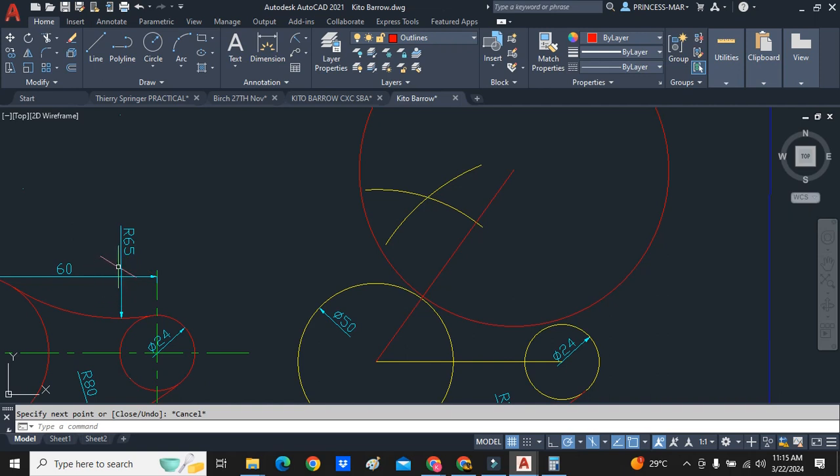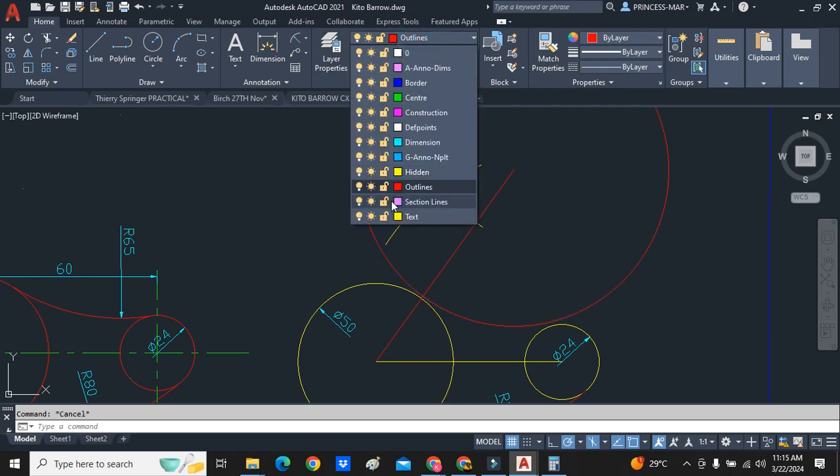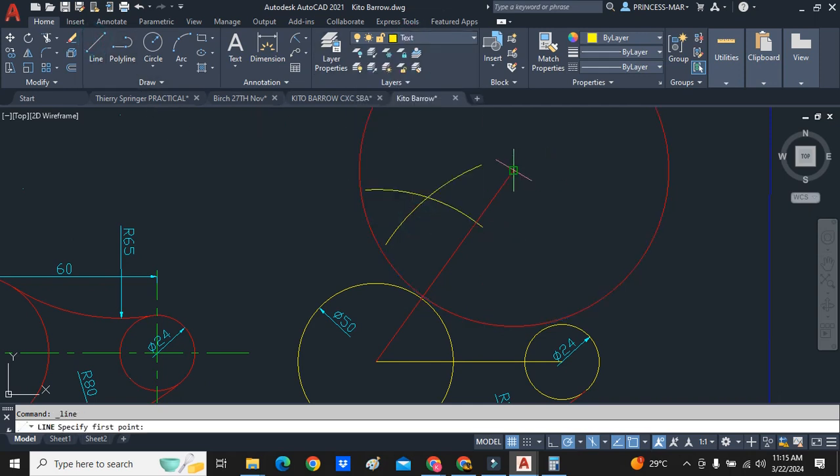For this question, the radius is 65. So if this circle is 65, the 65 will measure from the center to here. But then, for us to find the center, we have to add the radius of this circle to it.